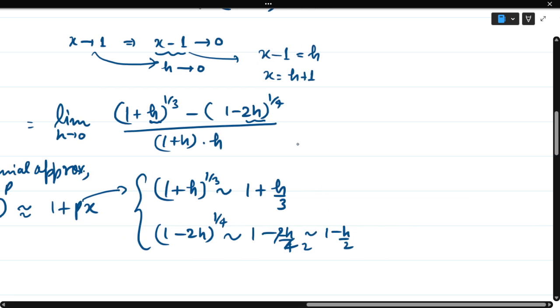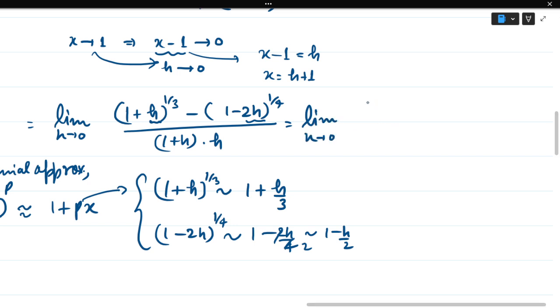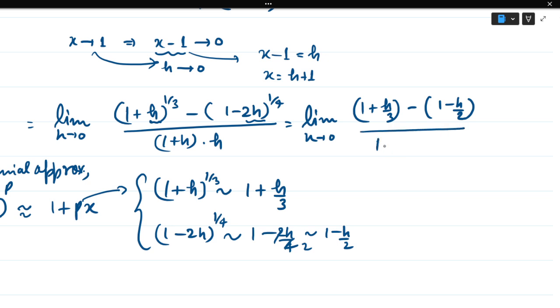After substituting these values in this limit, we get the limit as h tends to 0 of (1 plus h/3) minus (1 minus h/2), all over (1 plus h) times h. If you simplify this, the negative sign will enter, and 1 and 1 get cancelled out.